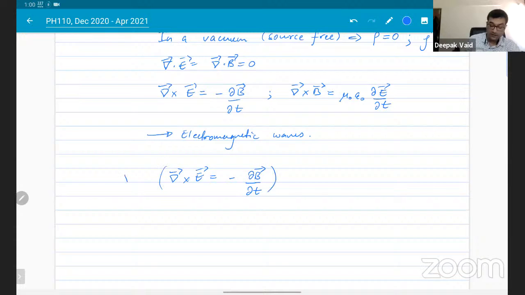Now what I do is I take the curl of this equation. I take the curl of the left hand side. What that gives me is curl of curl of E. And on the right side, I take the curl of dB dt.